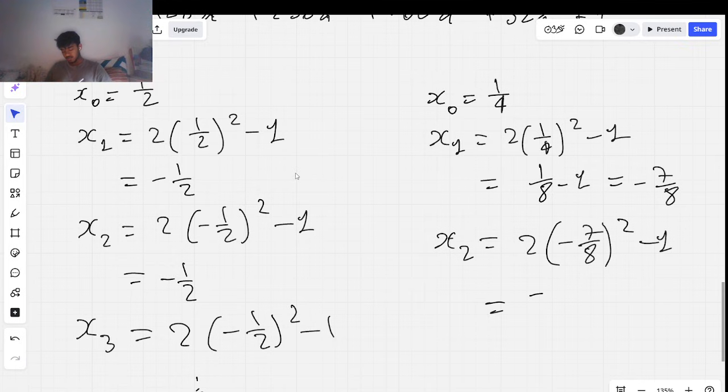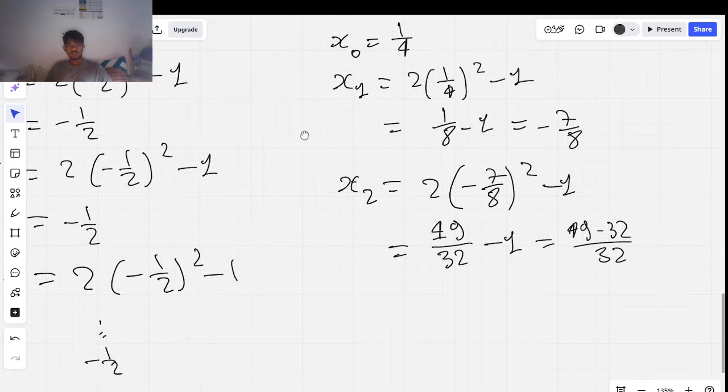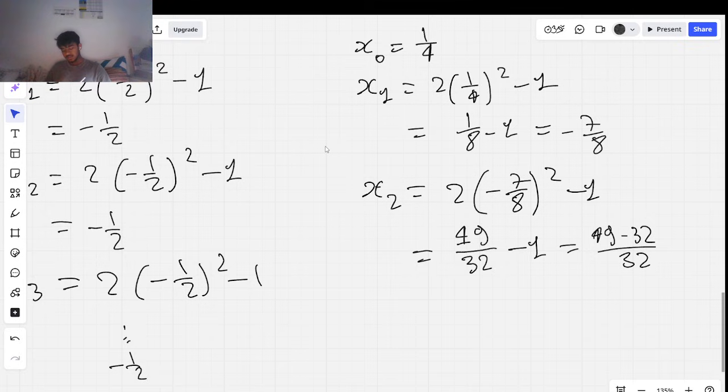So 49 over 32 minus 1, which is 49 minus 32 over 32. And that equals 17 over 32.